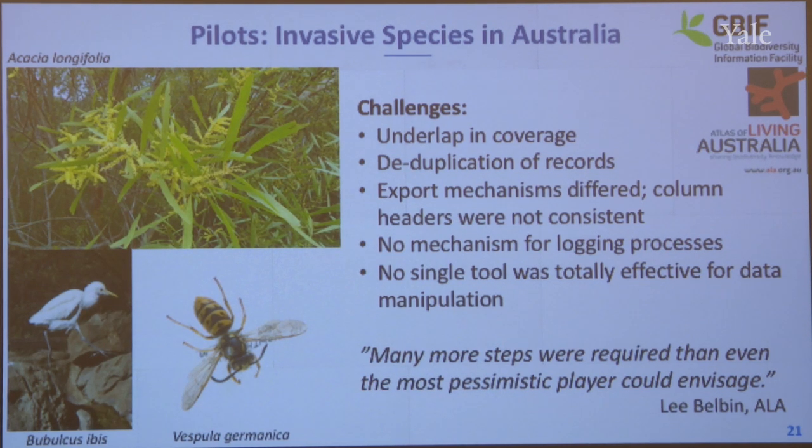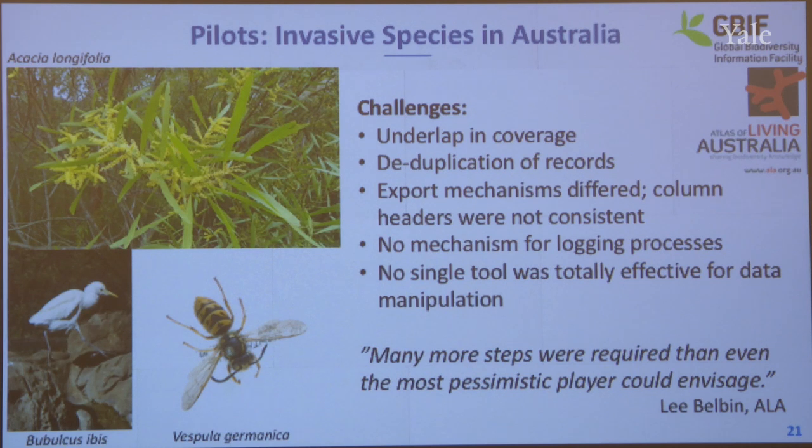It's a tree that is native to some parts of Australia, but it's become invasive in other parts of Australia. The wasp is a European wasp that is truly an invasive species in Australia. And then the third is an ibis species that is also invasive, but the potential impact is relatively unknown on ecological processes and function in the ecosystems there.